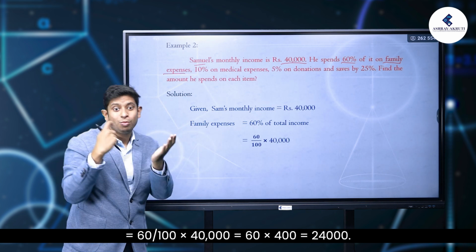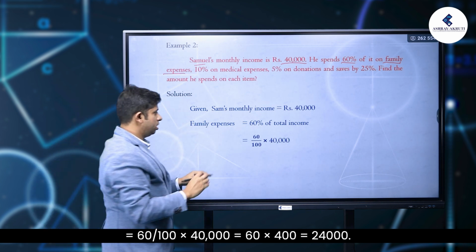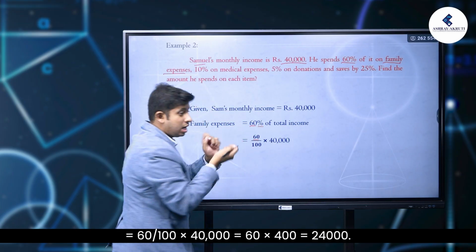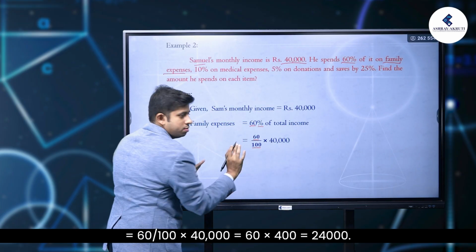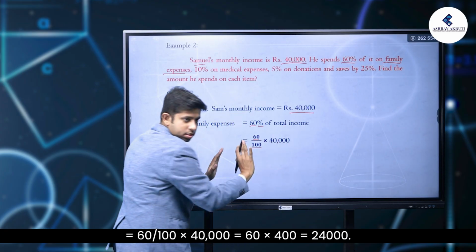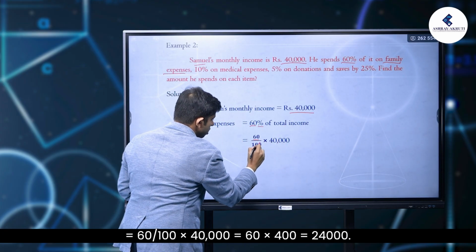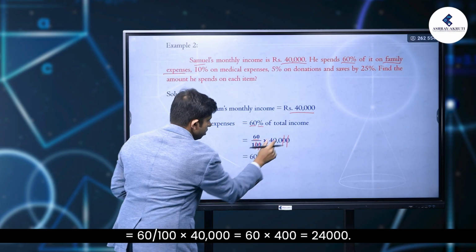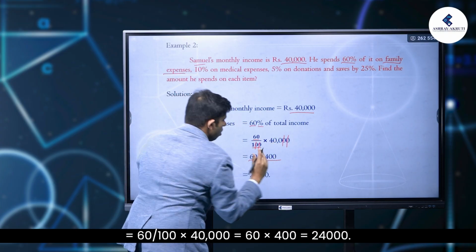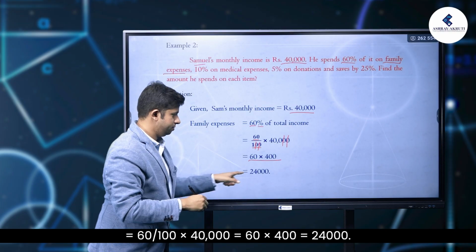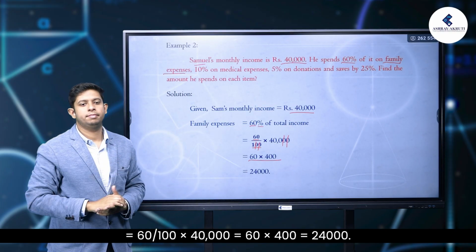Equals 60 by 100 into 40,000, which is 60 into 400, equals 24,000.